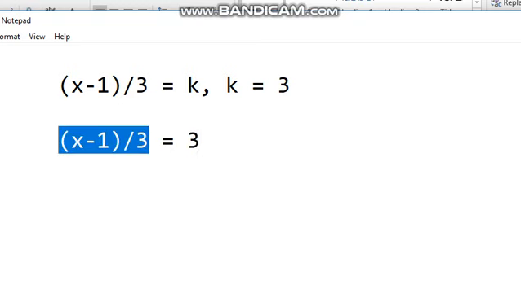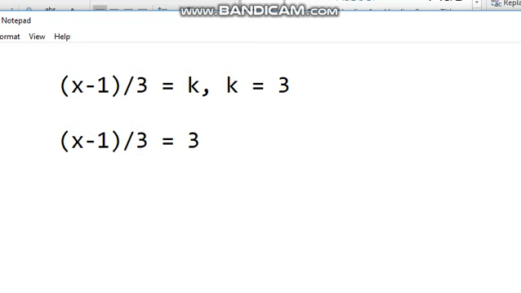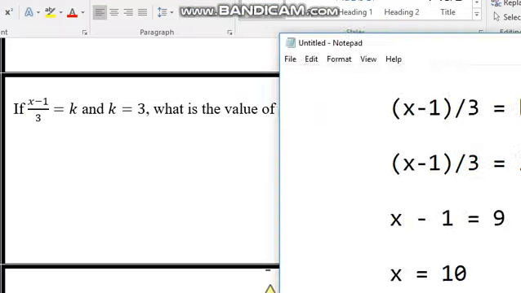And then we multiply both sides by 3 to get rid of that divided by 3. So that would give us x minus 1 equals 3 times 3 is 9. We add 1 to both sides, and we find out that if k is 3, x will be 10. That's our answer to our warm-up.